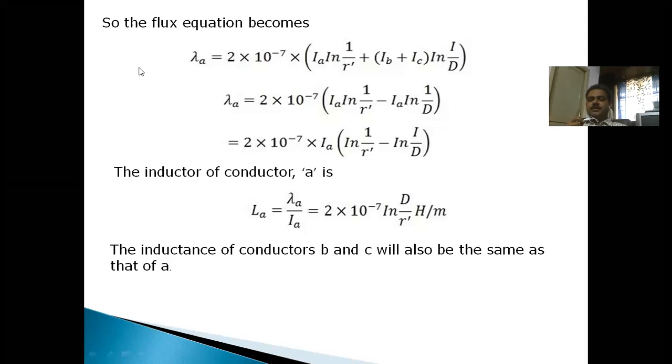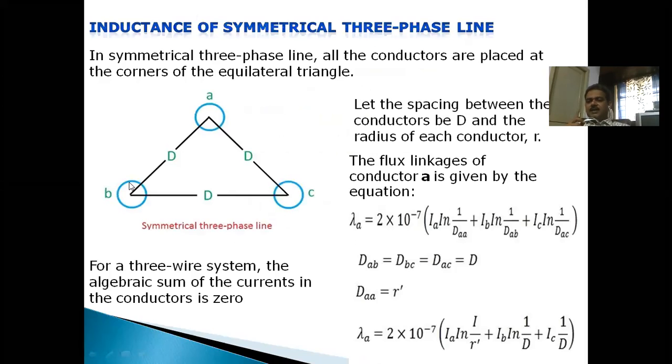Similarly, let us calculate the flux linkages in conductor B. Considering the same terms, flux linkage in conductor B is equal to self flux linkage and mutual flux linkages due to current passing through the other two conductors.